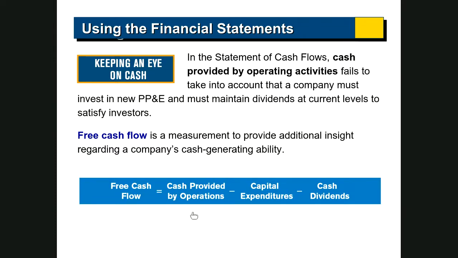The cash provided from operations comes from buying and selling your goods and services, minus any capital expenditures, meaning any equipment or asset that you're going to spend money on immediately, and any cash dividends that you plan to pay. So the free cash flow shows how much money you would have after paying for these immediate items from your cash that is coming from operations, right?